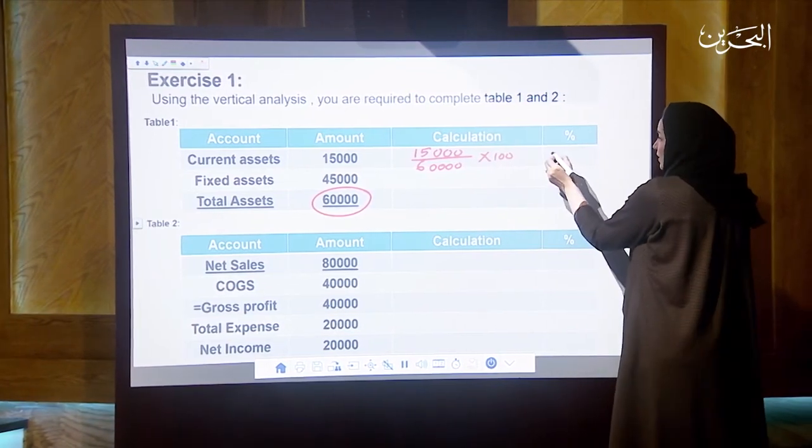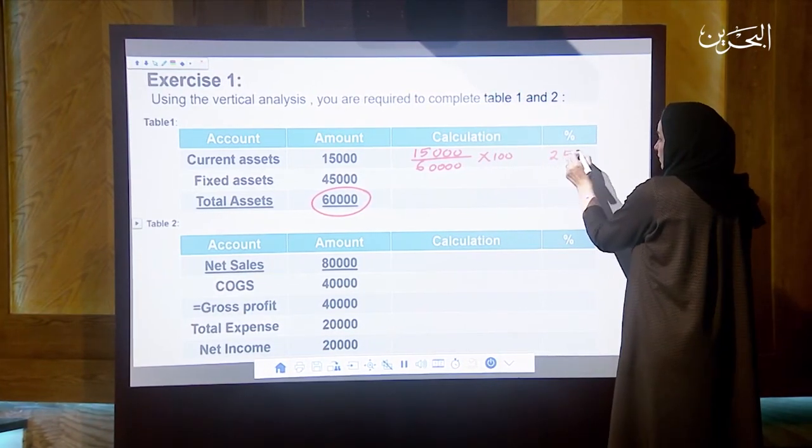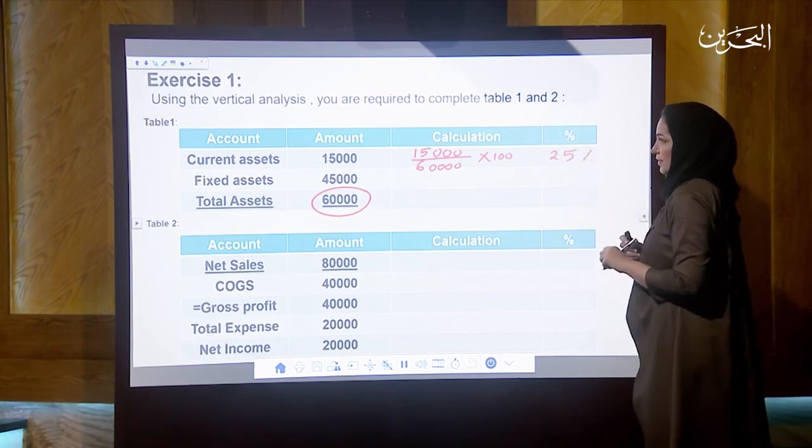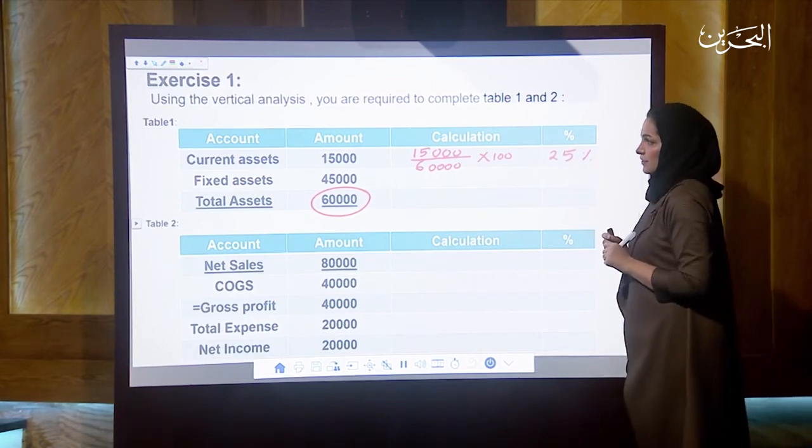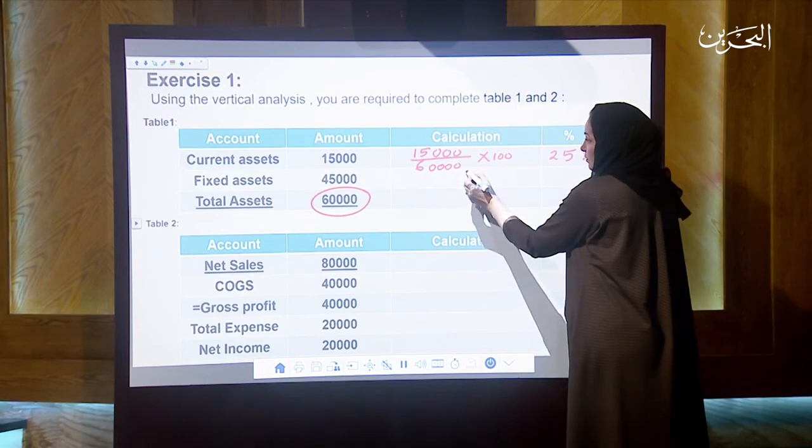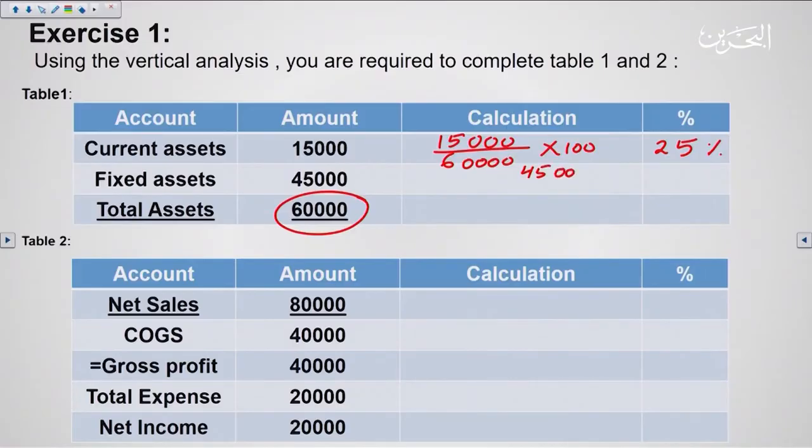The result is 25%. Let's see the fixed assets.